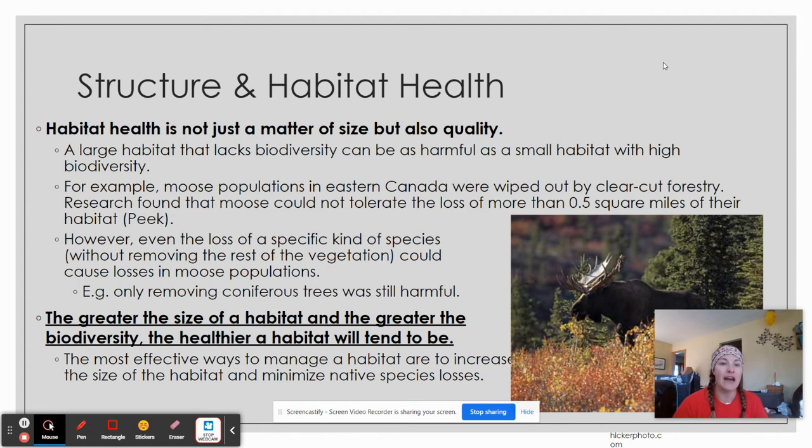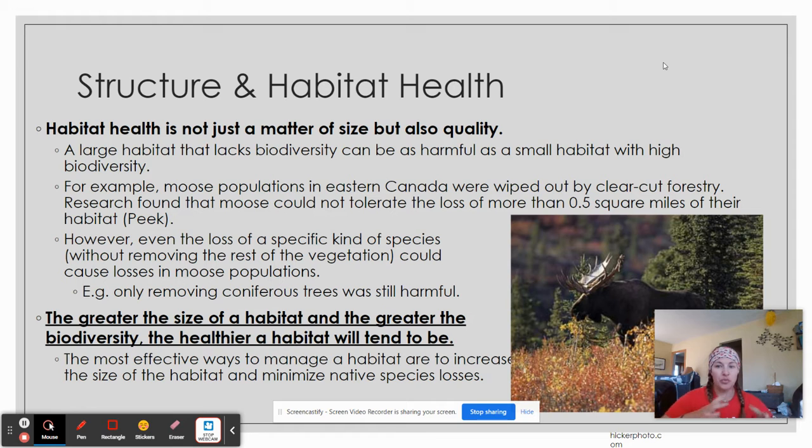The example that I have here is in eastern Canada, so like right above us. Moose were pretty much wiped out by clear cutting that forest because they couldn't tolerate a loss of more than half a square mile to their habitat.